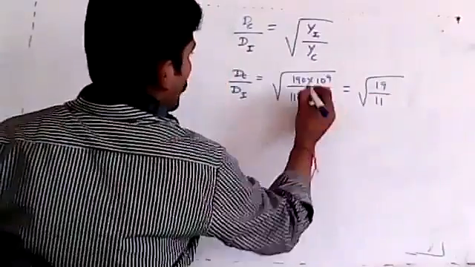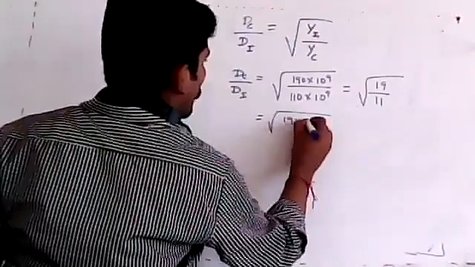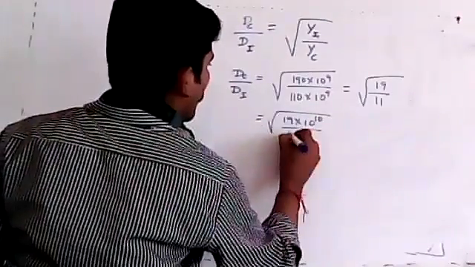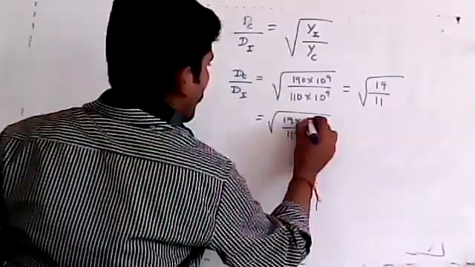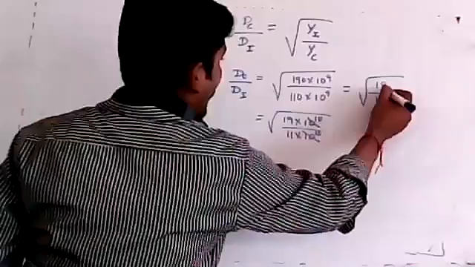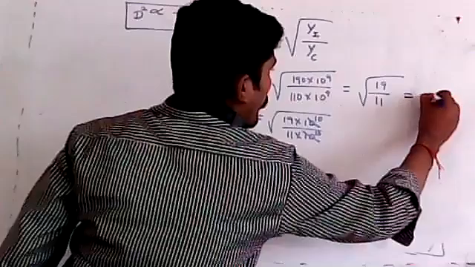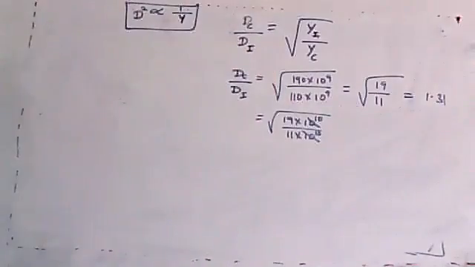Why? Because I can write the same thing as 19 into 10 raised to 10 divided by 11 into 10 raised to 10. So this cancels, only 19 by 11 remains. So you will get 1.31. Is it clear?